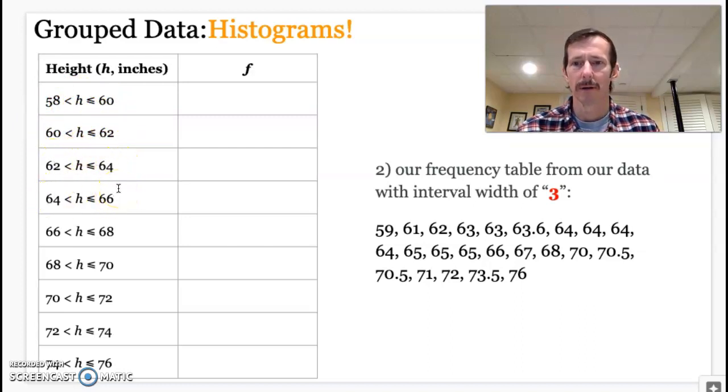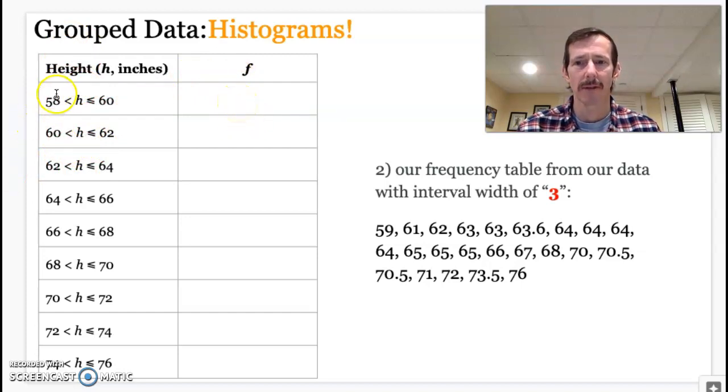Now, I checked Cognigy and an IB textbook, and it looks like this is a general trend for them, which is to not include the value in the bottom, but everything bigger than 58, but to include the upper value of 60. When we actually do this in our calculators, I'll show you that I think our calculator does it the other direction, meaning it includes the lower bound but not the upper bound. It does not matter, just depending whatever this is over here, you need to make sure you collect correctly.